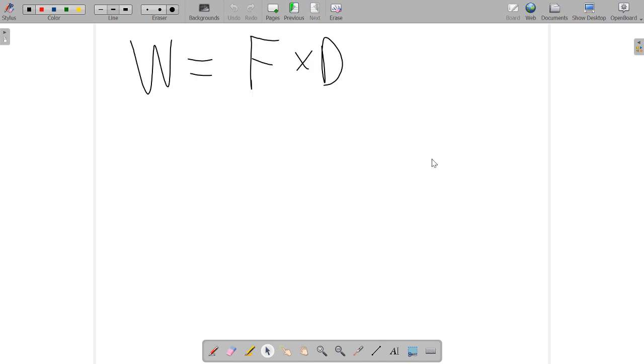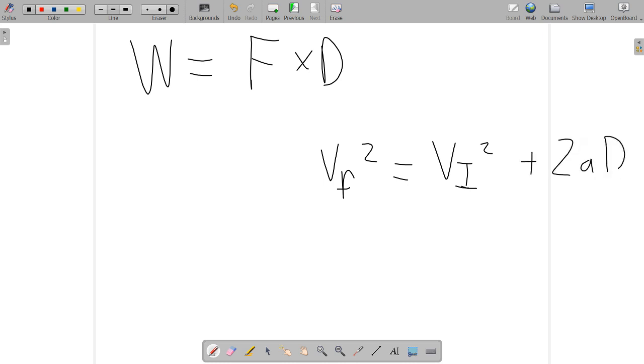So we know that work done is equal to force times displacement. So let's start with the kinematic equation that I gave you guys on the previous page, that final velocity squared is equal to initial velocity squared plus 2 times acceleration times displacement. Now the first thing that I want to do, I want to solve this equation here for displacement.